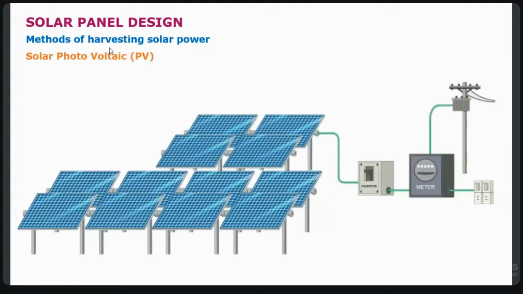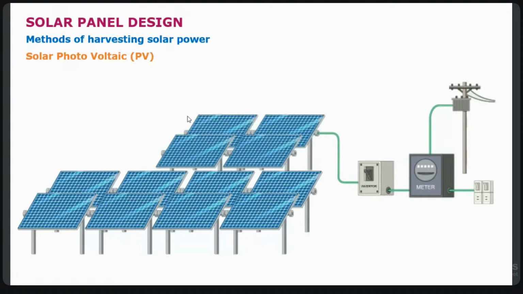The last method is the solar PV method, which is generally used in many application areas. In the PV method, we know the sunlight reaches the panel, and the panel converts solar energy into electrical energy, and it feeds the AC load and also the DC load.